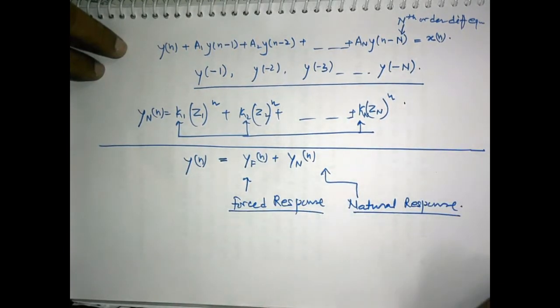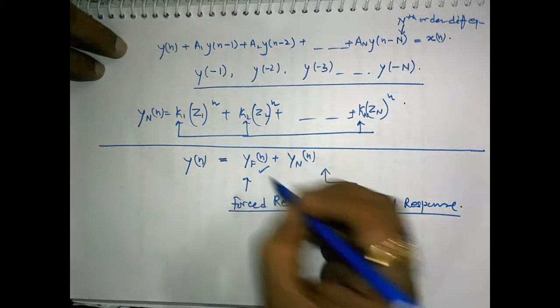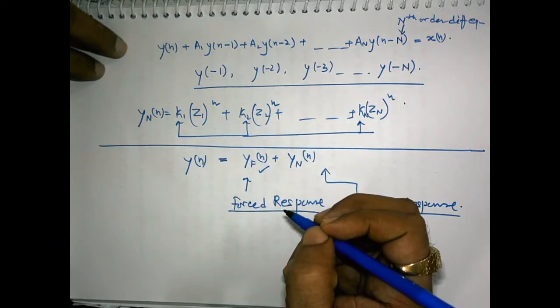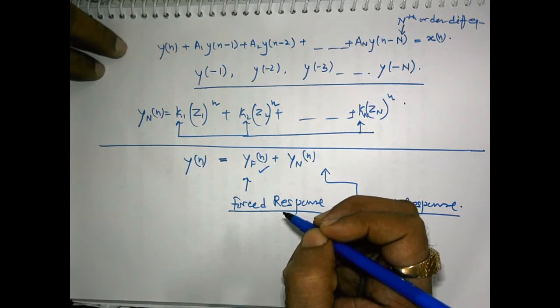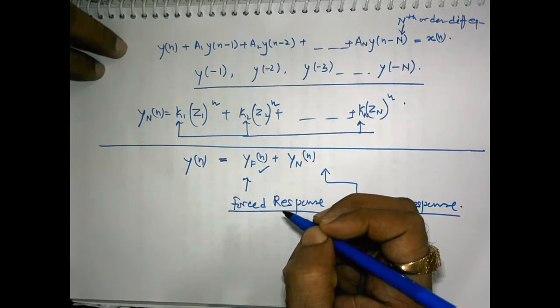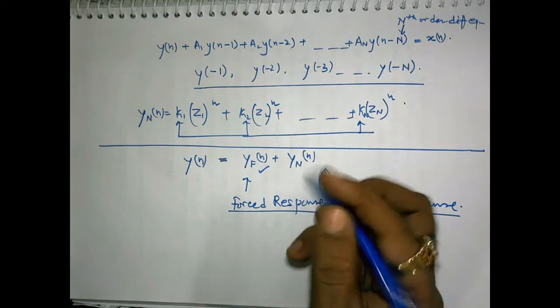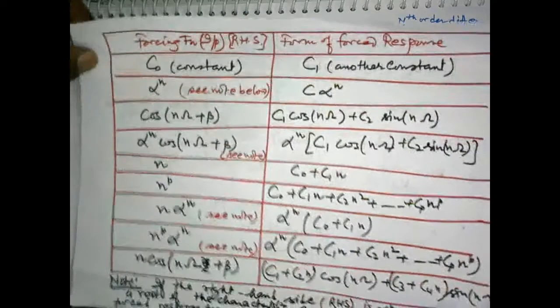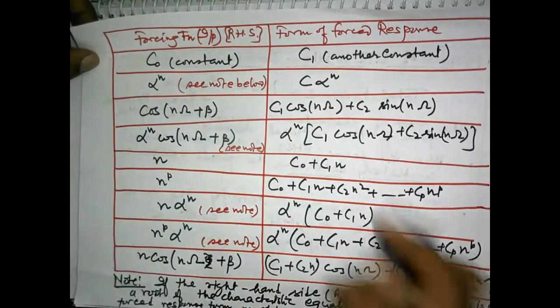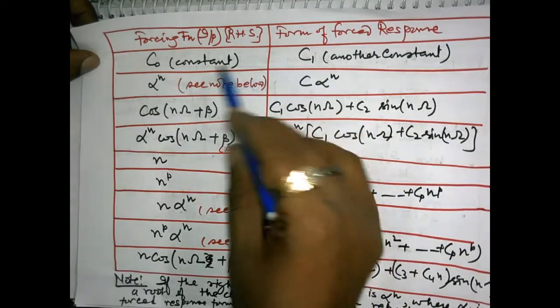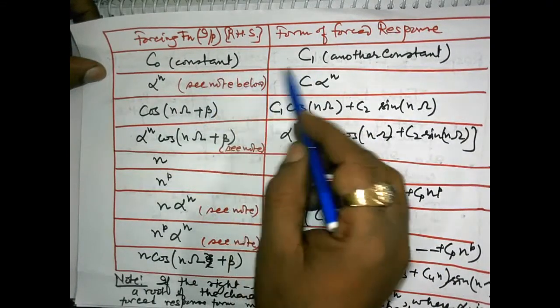How did we evaluate the forced response and natural response? The forced response depends entirely on the nature of the applied input. So we have a chart to evaluate the forced response if the forcing function is known to us.